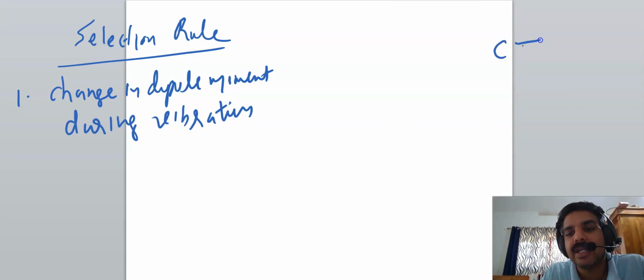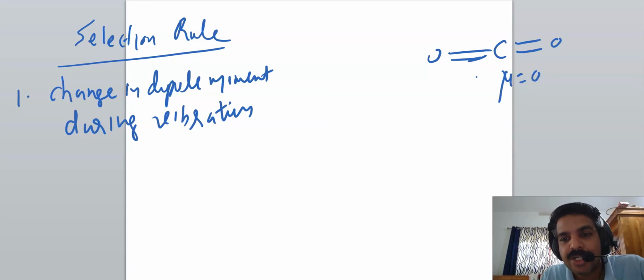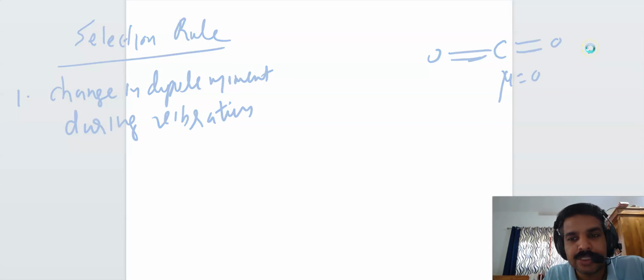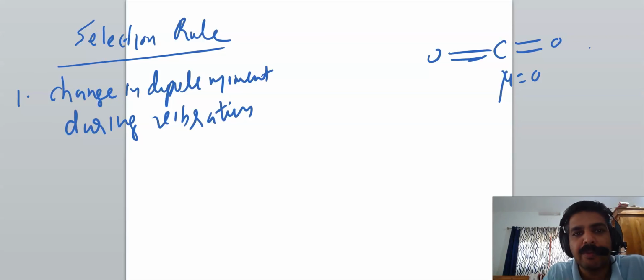For example, in the case of carbon dioxide, the dipole moment is equal to 0. But some vibrations of carbon dioxide are IR active. Actually, the number of vibrations for a polyatomic molecule is 3n minus 6, and for a linear molecule, 3n minus 5.